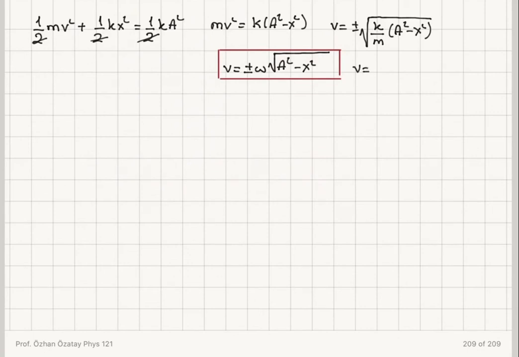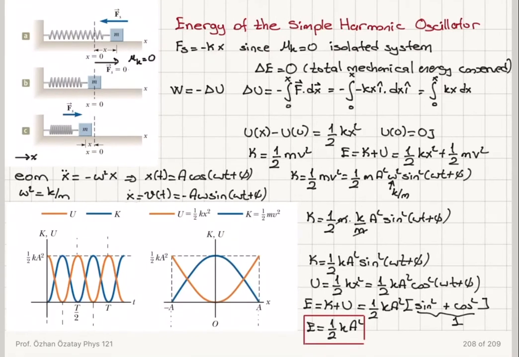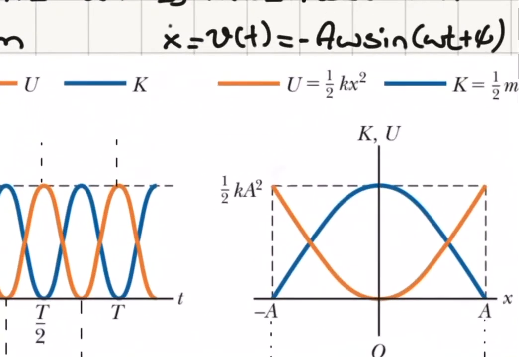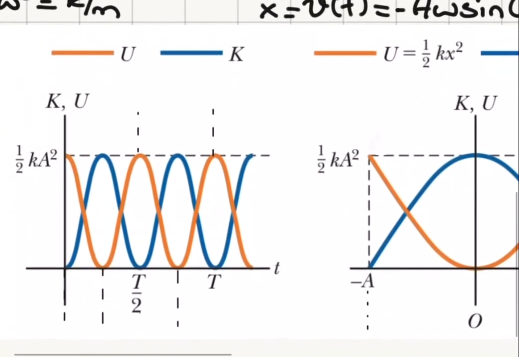So basically I can write the velocity as a function of the displacement from the equilibrium position using this, and I notice that v is equal to v max, which is a omega, when x is equal to 0. So I reach the maximum kinetic energy when x is equal to 0.